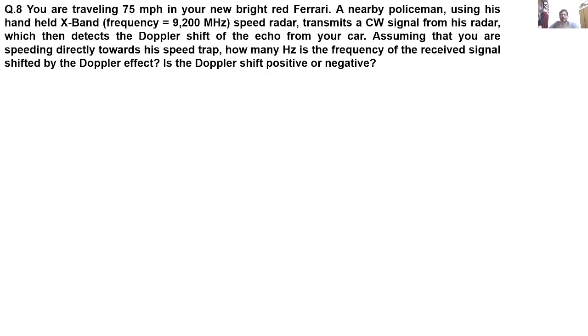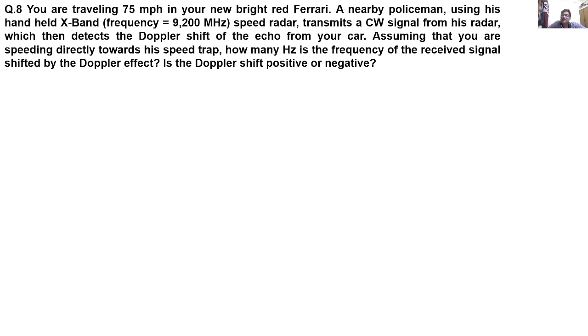Let's take another question now. Another Doppler frequency question. You are traveling 75 miles per hour in a new bright red Ferrari. A nearby policeman using his handheld X band speed radar, the frequency of which is 9200 megahertz, transmits a CW signal from his radar, which then detects the Doppler shift of the echo from your car.